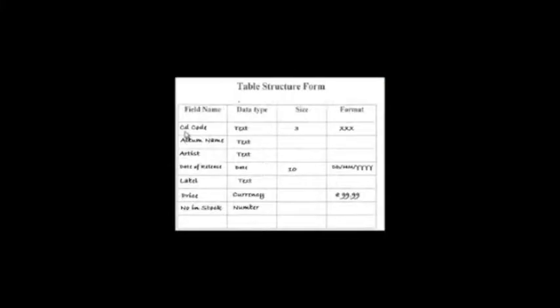So I've written in my table design structure form here the field names, the data type that goes with the field name, and where appropriate the size format of those fields.